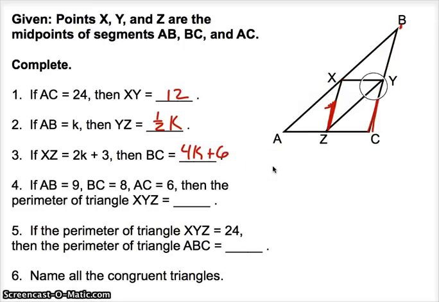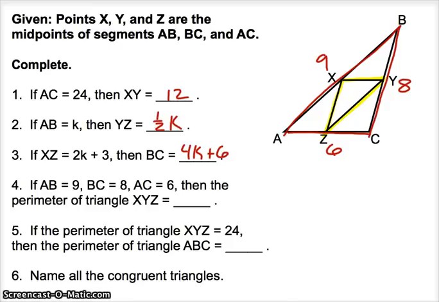Problem number 4. It gives me that AB is 9. We have BC is 8. AC is 6. And we're supposed to find what's the perimeter of triangle XYZ. Well, XYZ is this smaller triangle inside. So looking at the smaller triangle inside, I know that segment XZ should be half of BC.